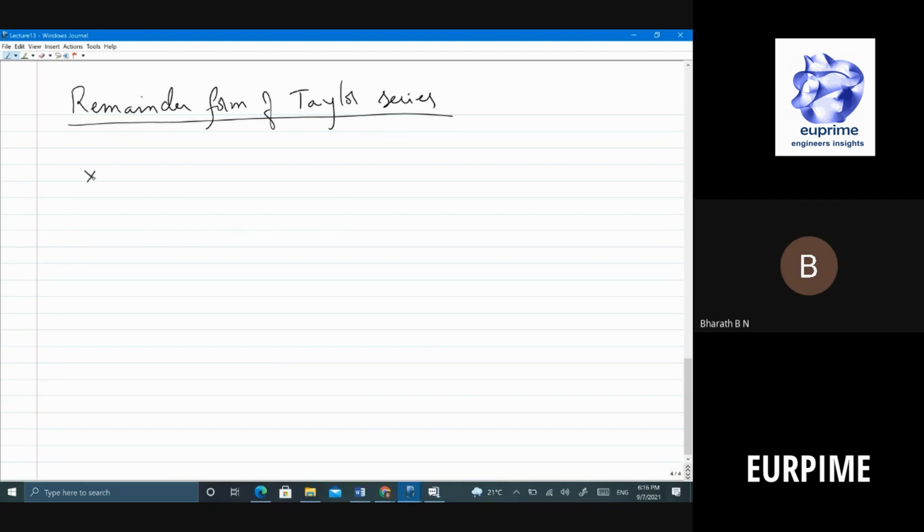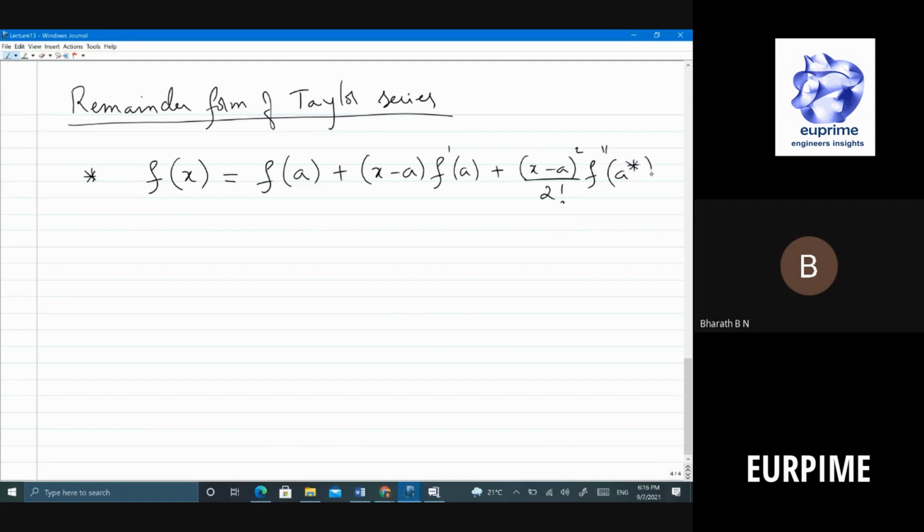I'll write the scalar version first. So for example, I'm looking at f of x. It's a mapping from R to R. I can write this around a. F of a plus x minus a into f dash of a plus x minus a whole squared by 2 factorial into f double dash of a star for some a star in the domain of f.